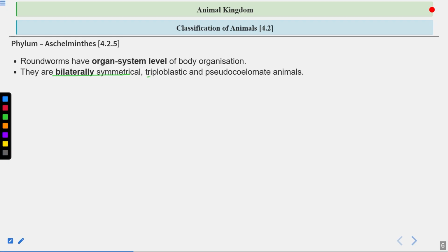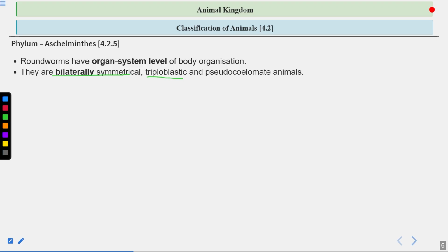Next comes triploblastic. Triploblastic means the embryo after fertilization, the zygote is there. The zygote divides and forms a mass of cells. Now this mass of cells arrange themselves in layers.